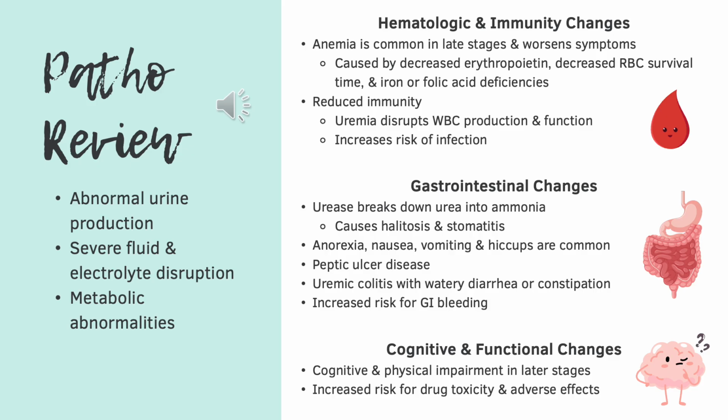Also, we see a shortened red blood cell lifespan due to uremia, and we also see deficiencies in iron and folic acid. So you can see how anemia can be very common. It can become a pretty big issue with CKD patients. A lot of times these patients need blood transfusions.